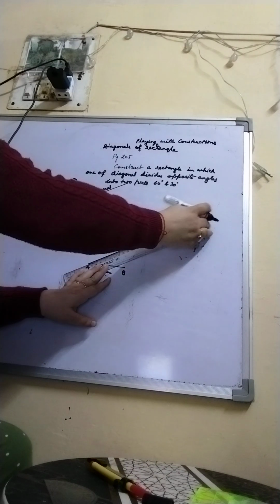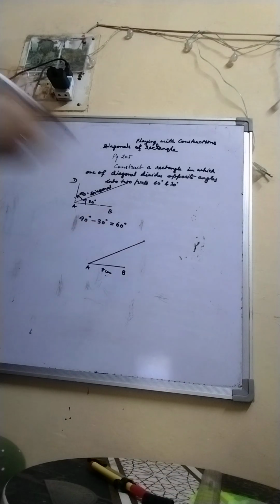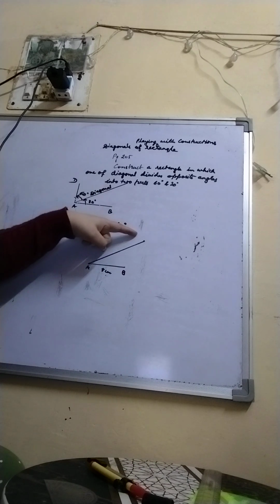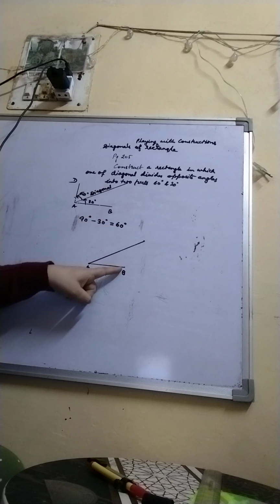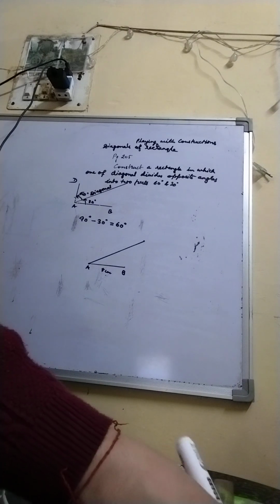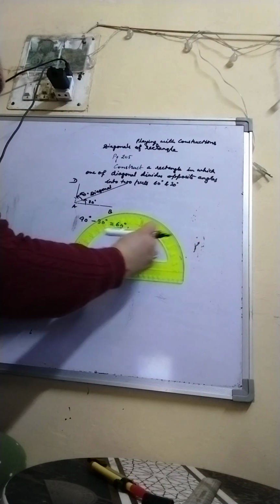Now what else do you know about a rectangle? That its corners are right angles. Now here we have already drawn the diagonal. So the other vertex we would look at, and what would be the measure of this vertex? It would be 90°.